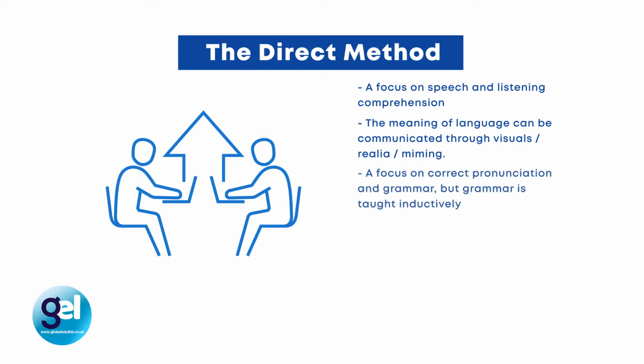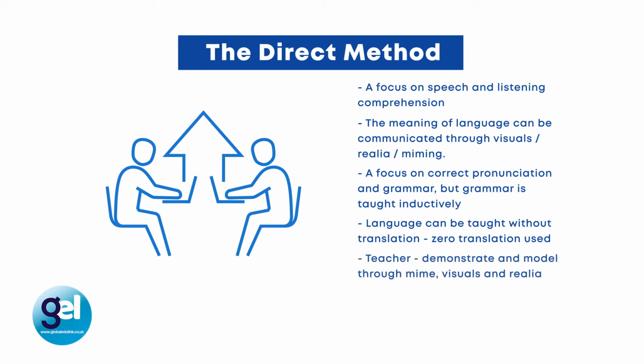There was a focus on the correct pronunciation and grammar, but grammar was taught inductively. The language could be taught without translation, so zero translation was used here. The teacher demonstrated and modelled through mime, visuals and realia, and the students learnt their grammar inductively.